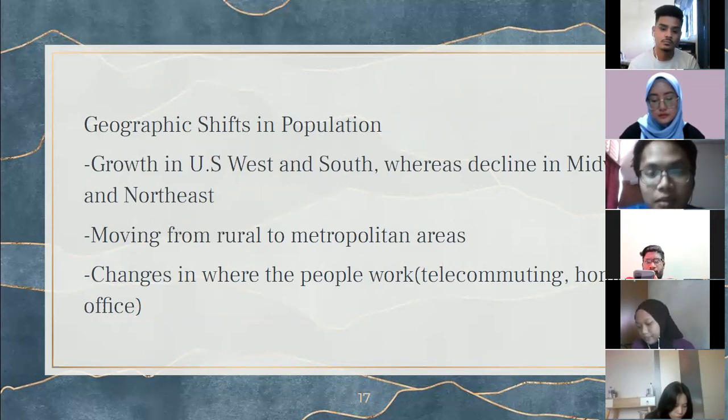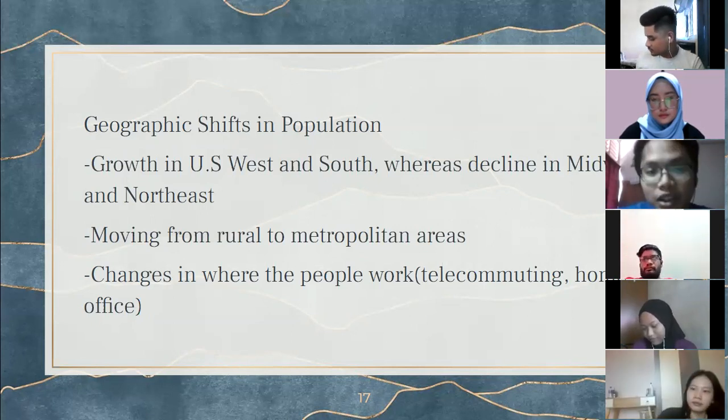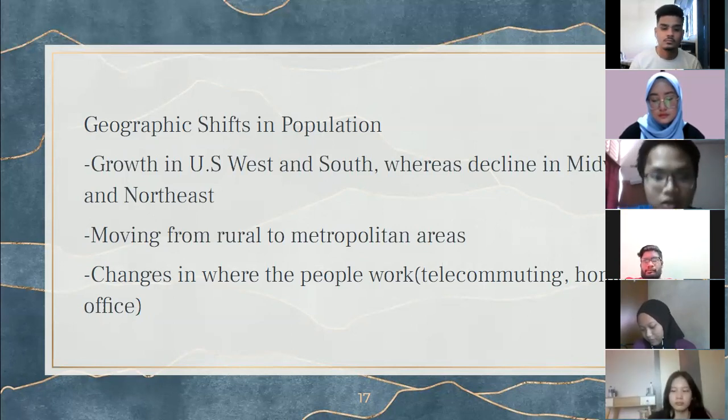This also includes the move from rural to metropolitan areas. Marketing in rural areas is not effective anymore because most people move from rural to metropolitan areas, so they need to consider marketing in more metropolitan areas. This also includes changes in where people work. We need to consider telecommuting and home offices.